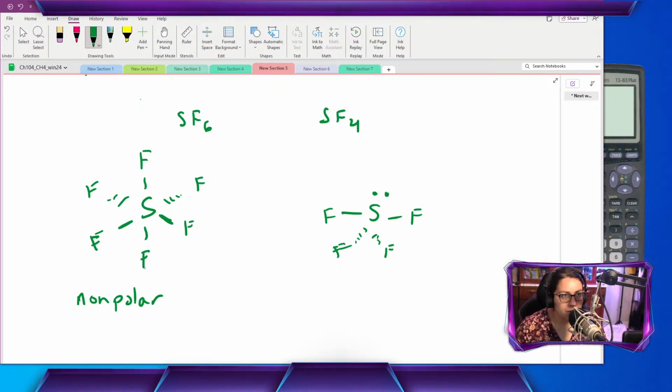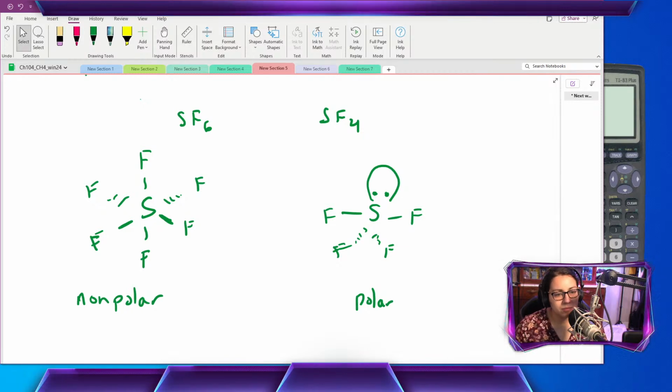But again, practice, practice, practice drawing your Lewis dot structures for molecules. In the SF4 case, we once again have our lone pair, and that creates our dipole moment. So this one would be polar. Any questions about those?